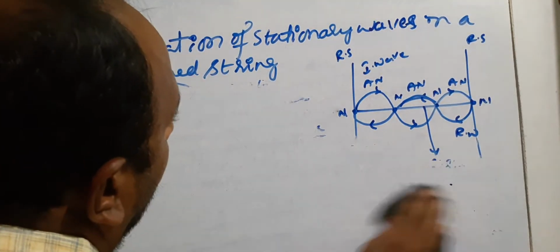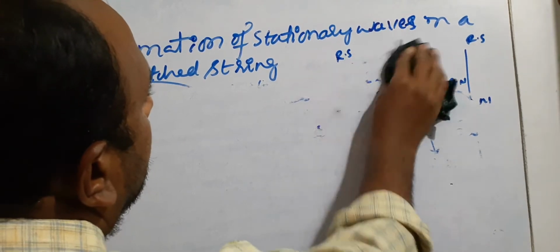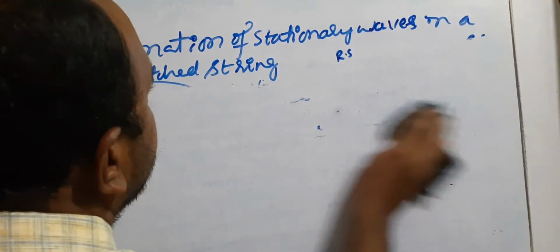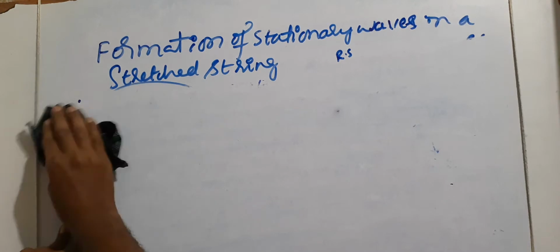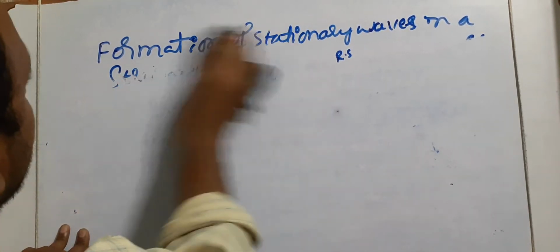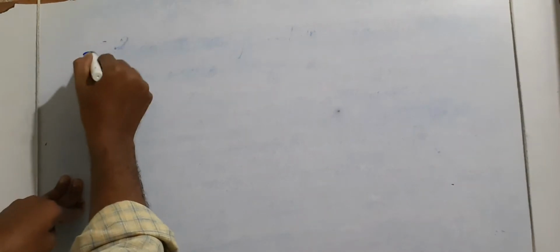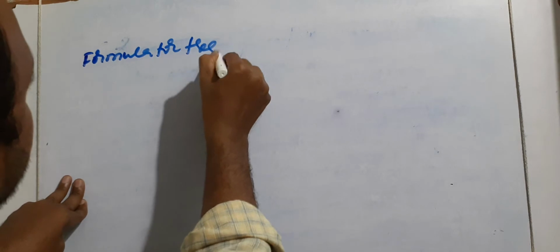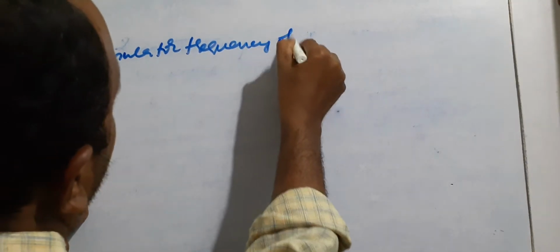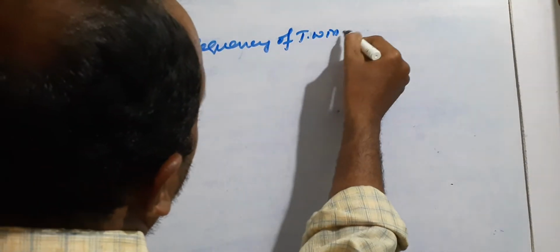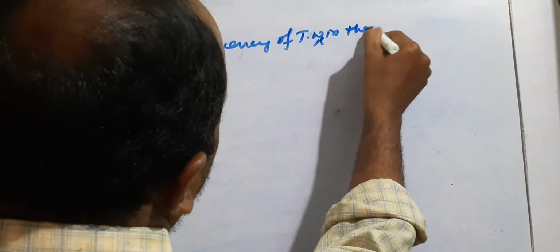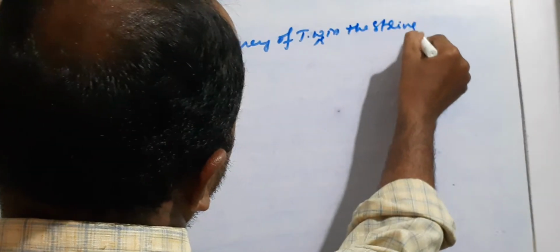Now what about the expression for the frequency of transverse waves produced in the stretched string? So now the formula for frequency of transverse waves in the string, that is a stretched string.